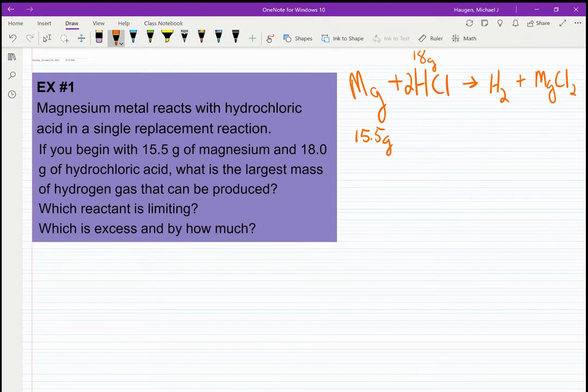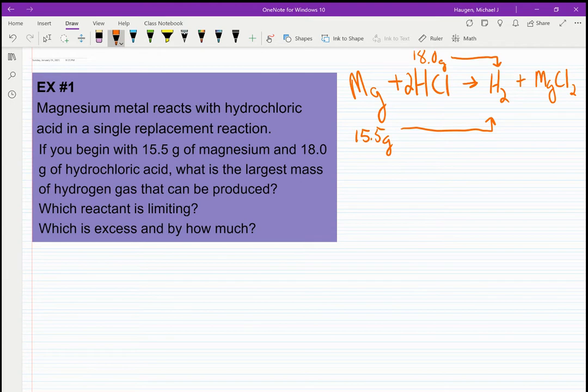It says, what is the largest mass of hydrogen gas that can be produced? So in both of these cases, I'm trying to figure out hydrogen gas. So really the magnesium chloride doesn't come into play in this reaction. So in both of these cases, I'm trying to predict how much hydrogen gas.